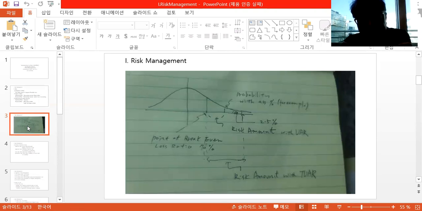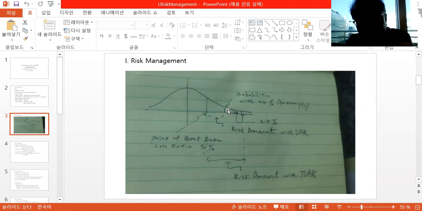Here I draw a graph. It is based on a normal distribution. There's the break-even point, and then we have the risk amount with VaR and the risk amount with TVaR. The difference between VaR and TVaR is that TVaR calculates, when the probability is beyond a certain point, it just goes to the mean value.